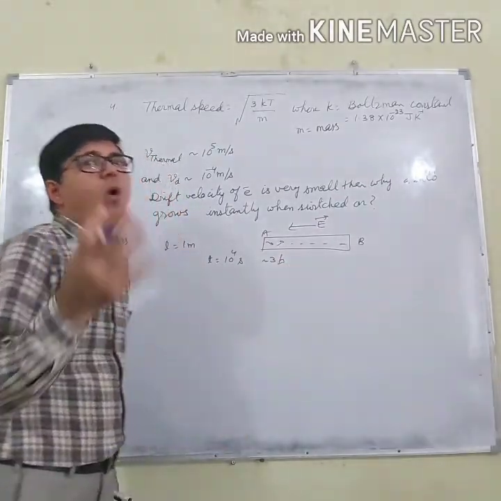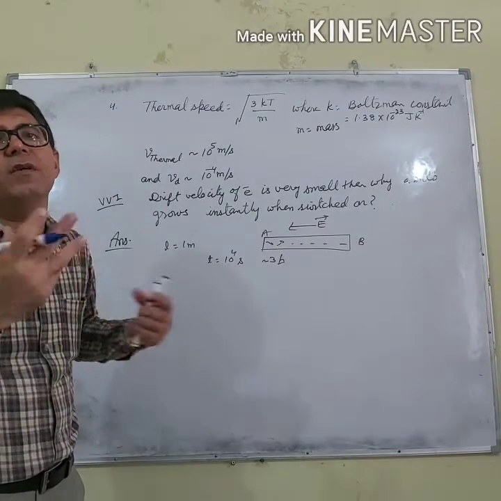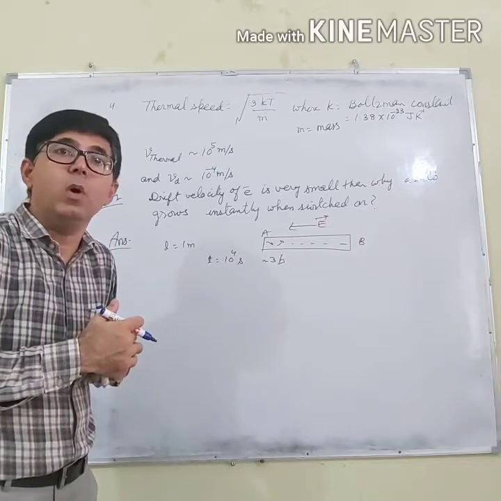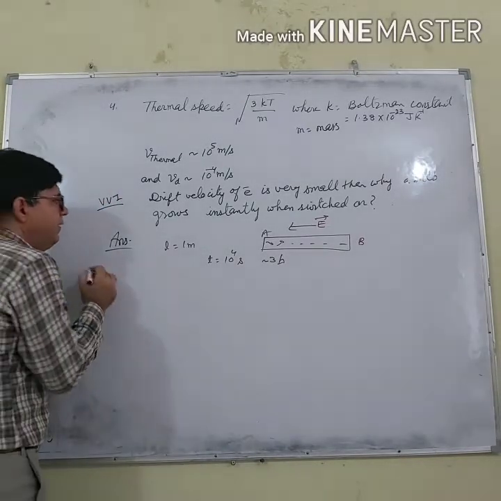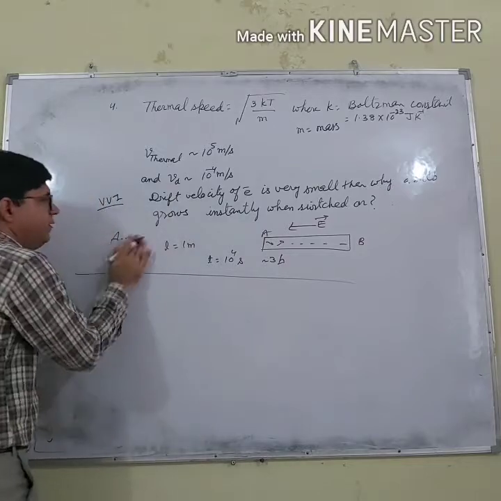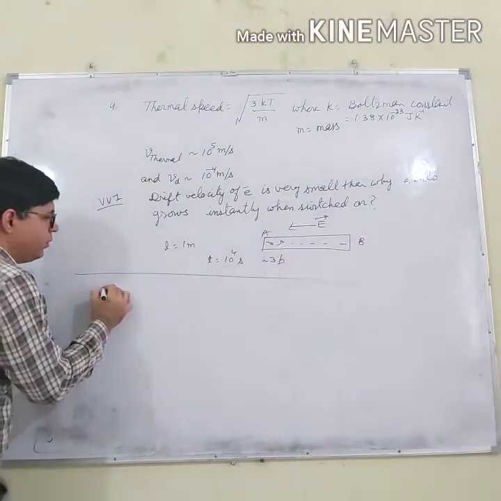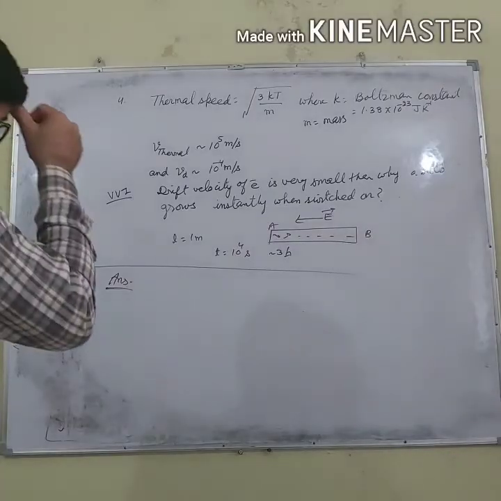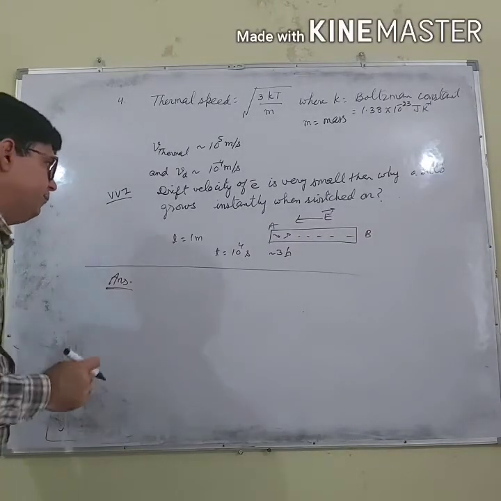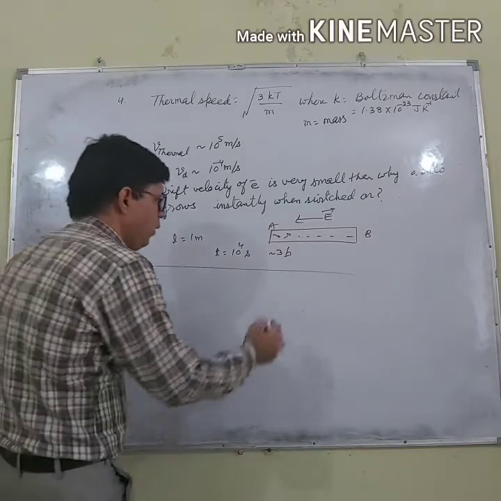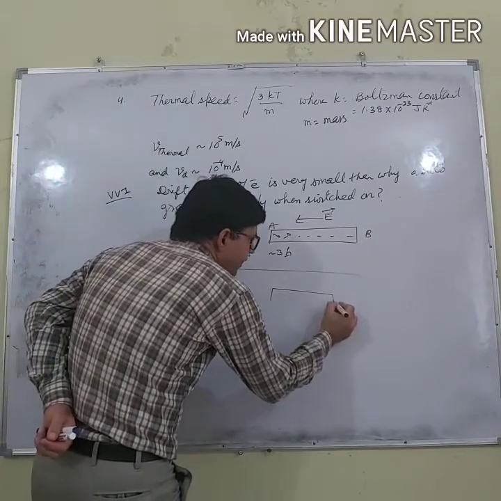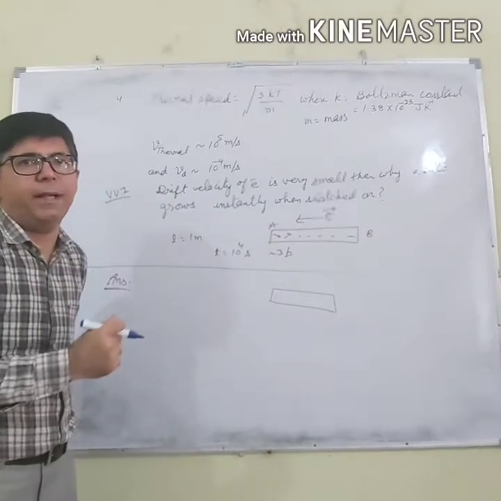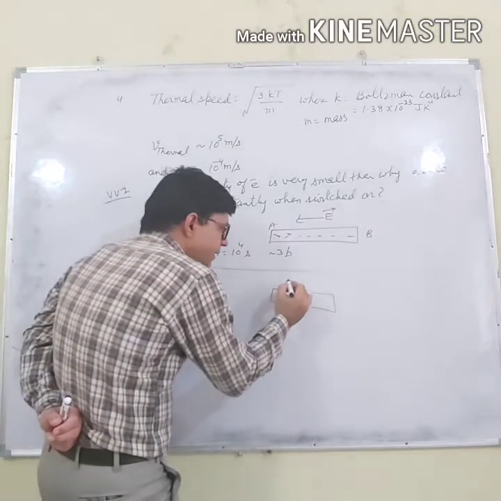But when you switch on, what happens? It doesn't take 3 hours for the bulb to glow. What is the reason? Let me tell you. When we connect a conductor to a battery, what happens?